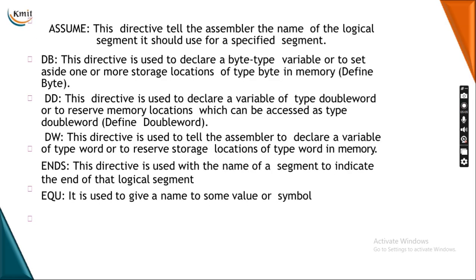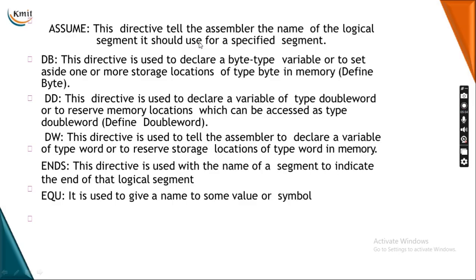So the first one is ASSUME. This directive will tell the assembler the name of the segment it should use for a specified segment. As we all know, we have 4 segments, which are code segment, data segment, extra segment and stack segment.